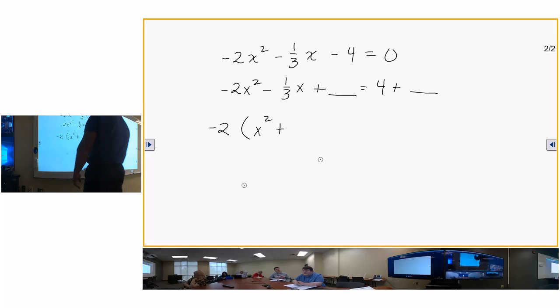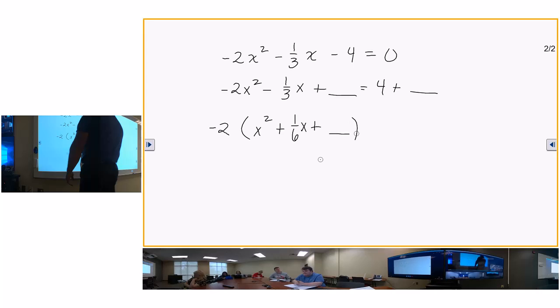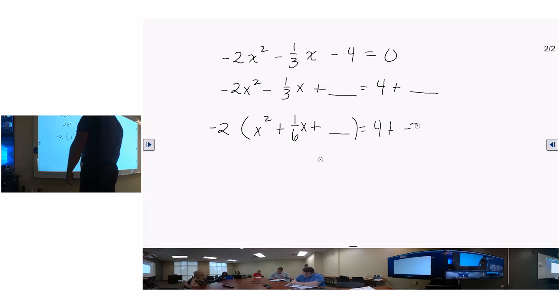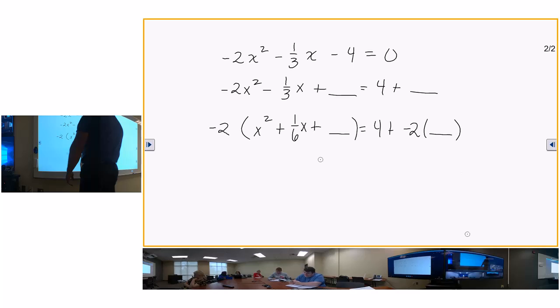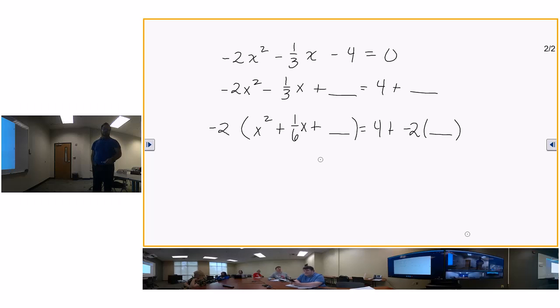That's going to give us 1/6. Somebody check my math. Yep. Plus blank is equal to 4 plus -2 times blank. Now what? Okay, I'll let y'all cipher for a minute while y'all fill in what I just did.